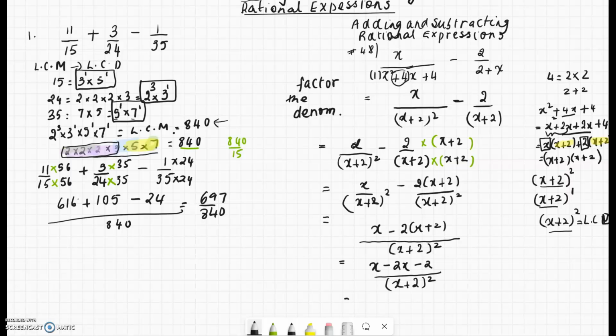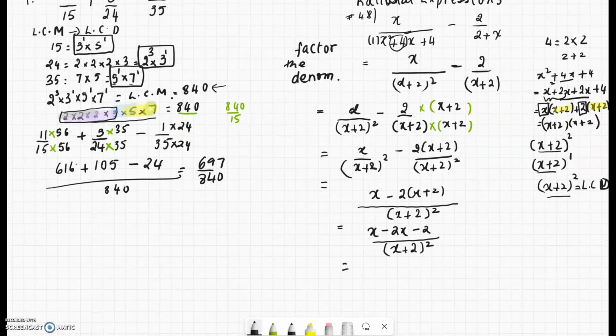Now simplify this. Addition is kind of done, but we have to simplify the expression in the numerator. x minus 2x, these are like terms, you can combine them and you get negative x minus 2. And at the end, always remember to cancel common factors. And how do you know there's a common factor here? If you look at this, negative x minus 2, and this is x plus 2.